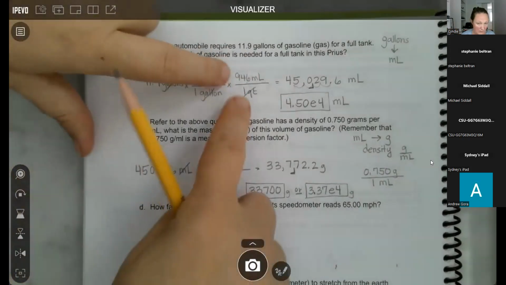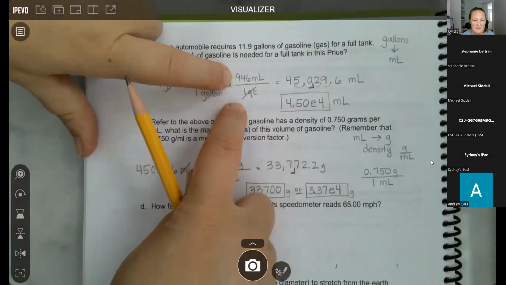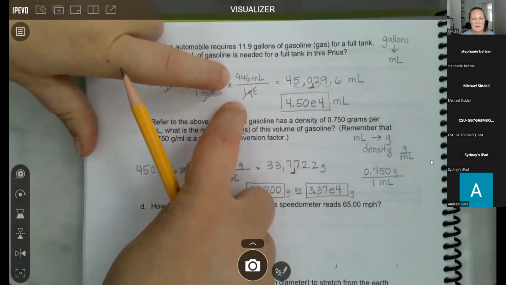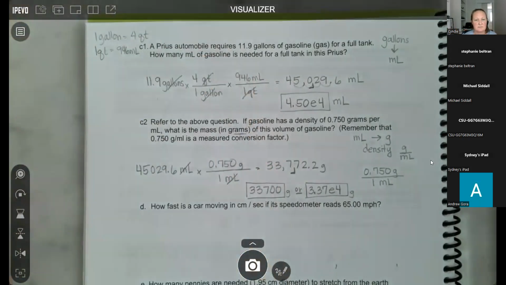But when we go from quarts to milliliters, we're going from the American system of measurement, which is the quart, to the measurement that everyone else uses, the international system of measurement, in milliliters. So this is not going to be an exact value. Okay, got it. Thank you. Yeah, I know, and that's a tricky one. No problem.